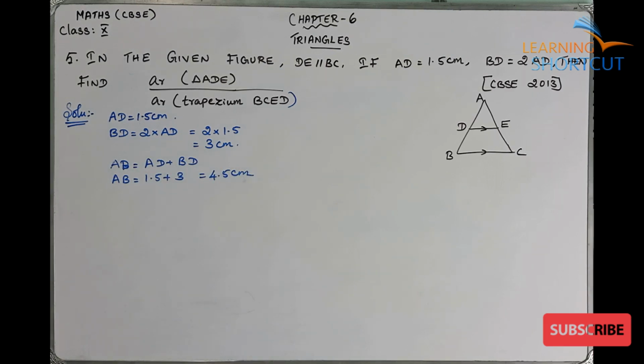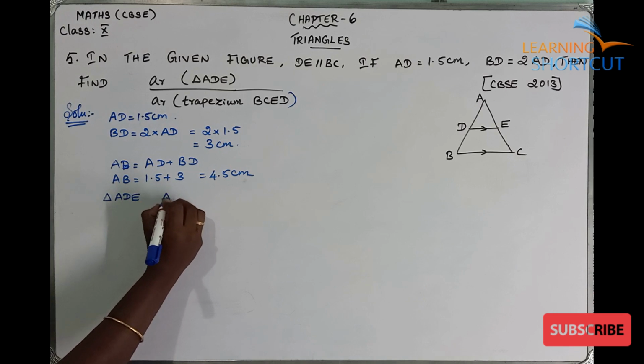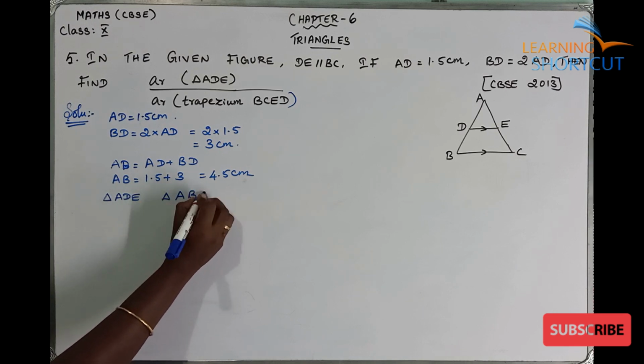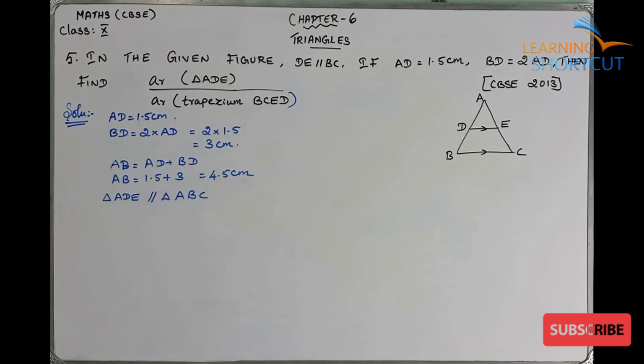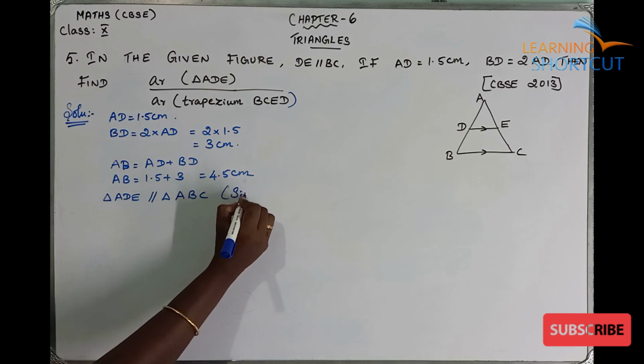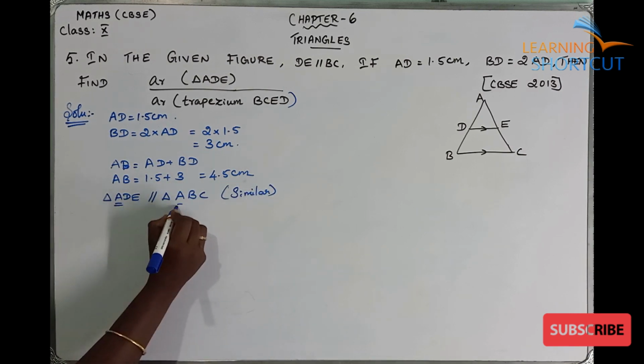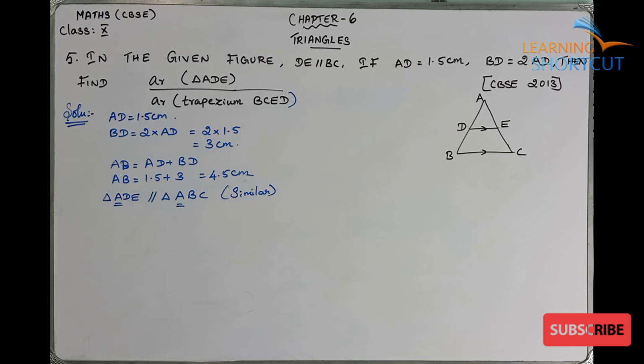So while seeing the diagram, we can know triangle ADE and triangle ABC are similar. Angle A is the same for both of them.